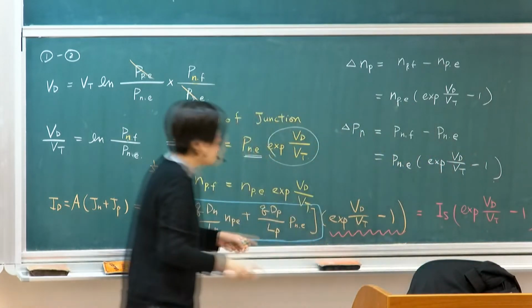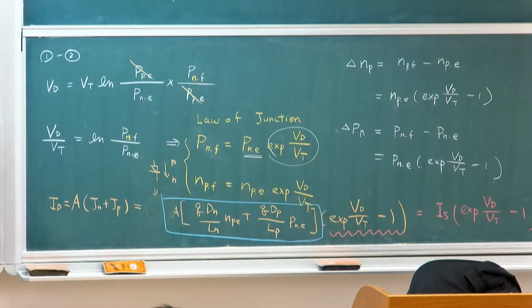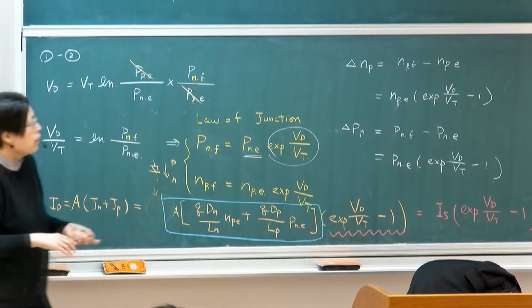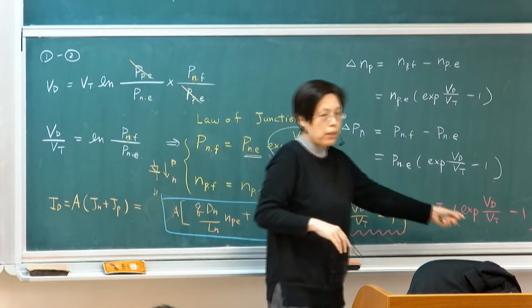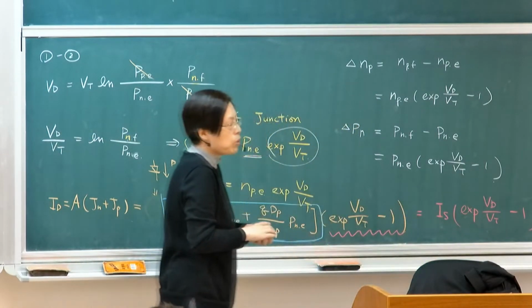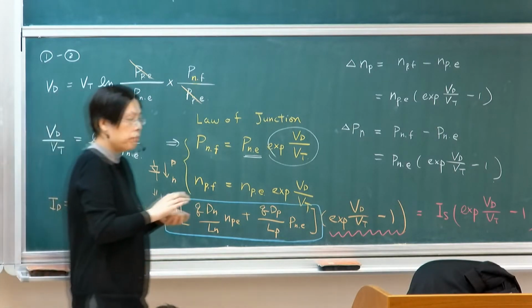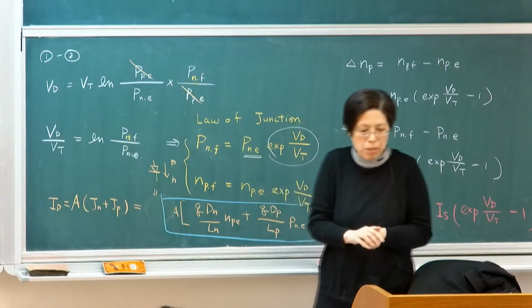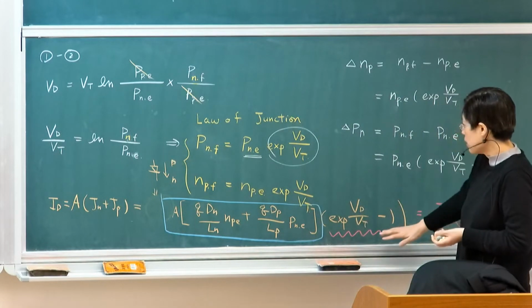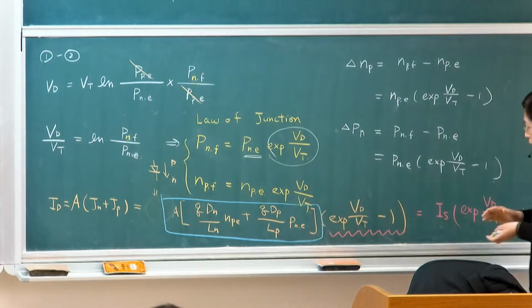All of these will be lumped into a device parameter called IS. And then you will see the exponential voltage dependency when the device is operating in forward bias. Okay? So let's take a break for 10, and we'll come back to discuss a little bit more on this current behavior.